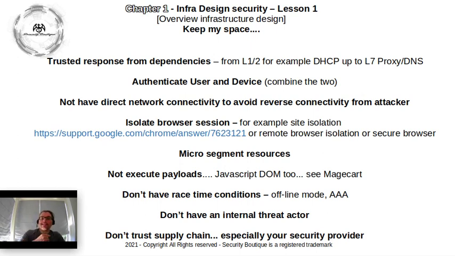I put some examples in there, for example, about isolated browser session, which is a functionality in Chrome to do it. There is a lot of conversation about remote browser isolation, that is your browser is going to query another remote browser, so to be sure that it is not exposed. But in summary, the rule is always not allowing direct connectivity back.